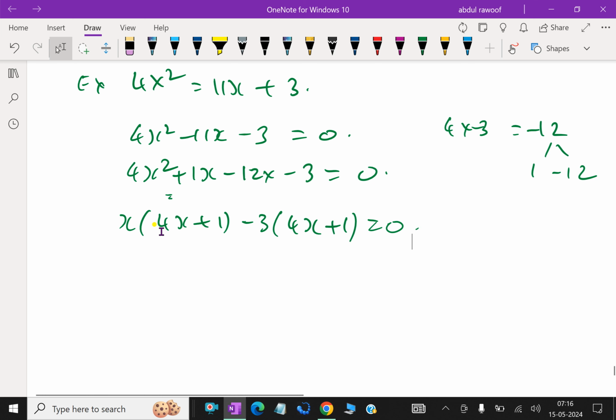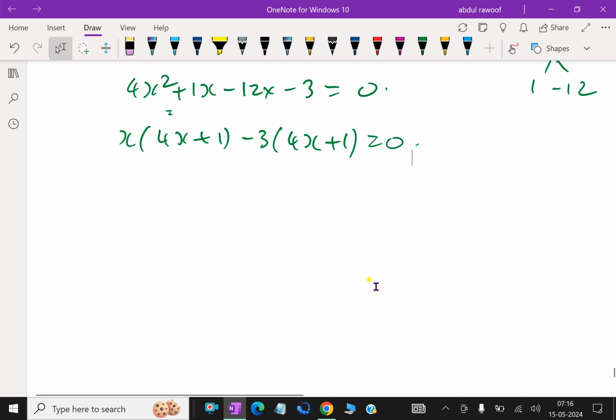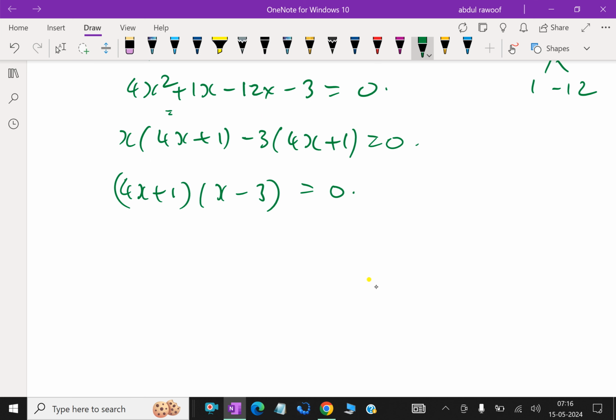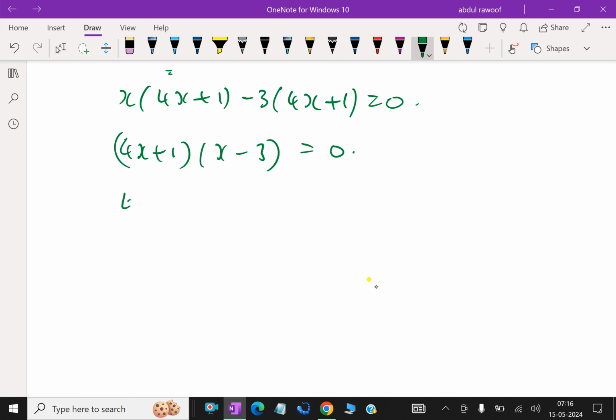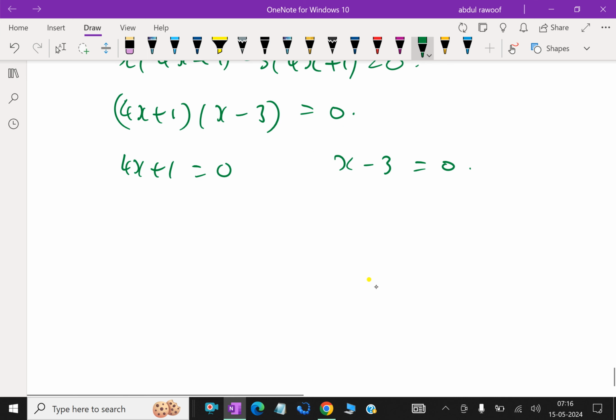This factor must be equal: here 4x plus 1, here 4x plus 1. Therefore, take out the common factor 4x plus 1 into x minus 3 equal to 0. Then the first factor is equal to 0, that is 4x plus 1 equal to 0, and the second factor x minus 3 equal to 0. So here 4x equal to minus 1, x equal to minus 1 by 4, or x equal to 3 is the solution.